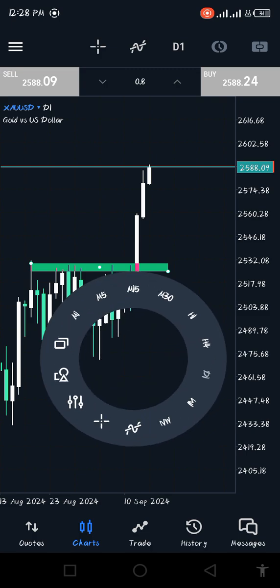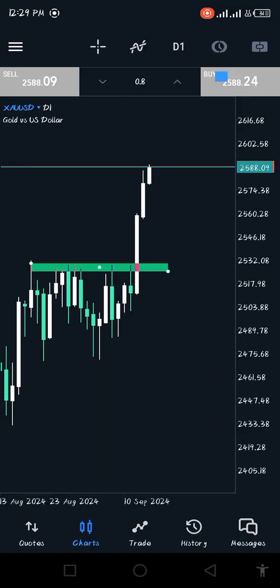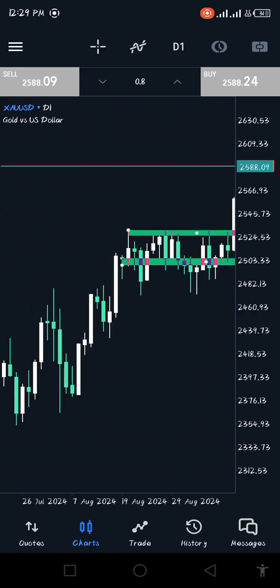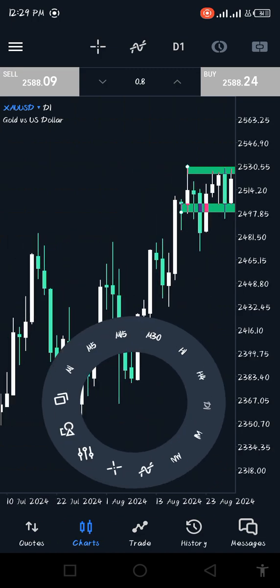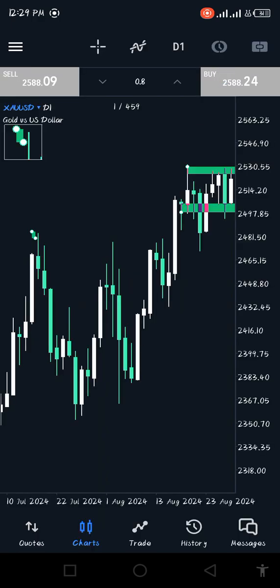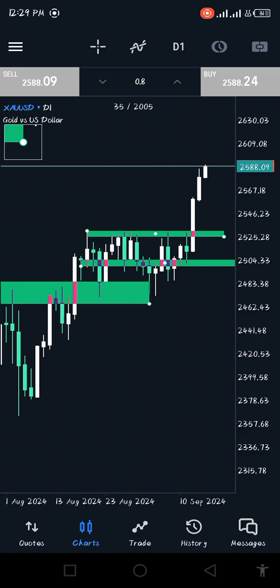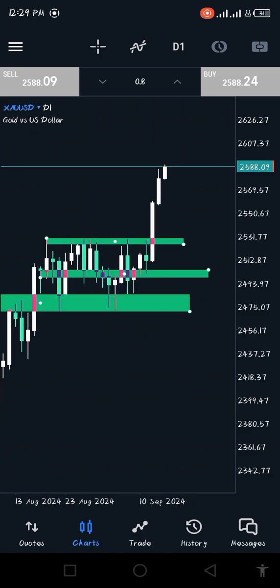Another zone, guys, is the zone that was a major zone where price has been reacting from in the past. Another zone was right here, right there, guys, where we would have taken our buying opportunities.